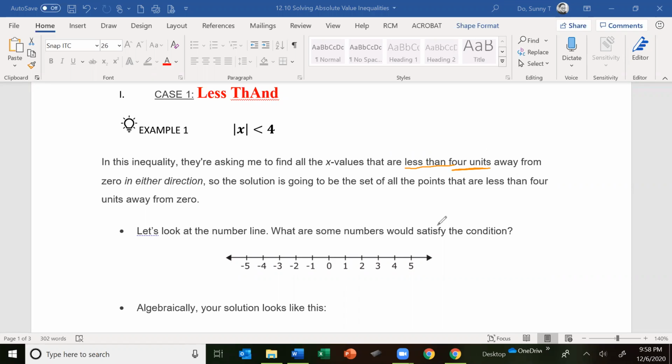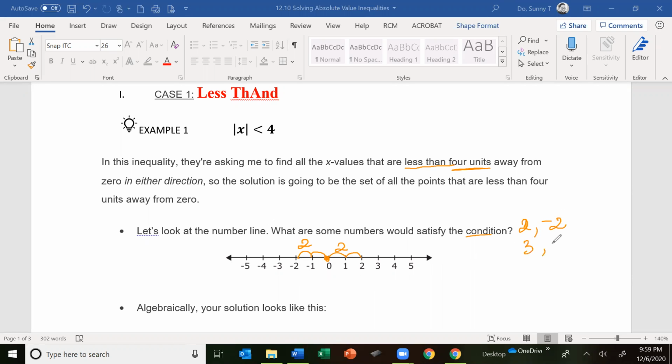Let's look at some examples. For example, 2 is 2 units from 0, which is less than 4. From 0, if we jump to 2, that's 2 units, and if you go to the left 2 units, it also gives us a distance of 2. So both 2 and -2 give you a distance less than 4.